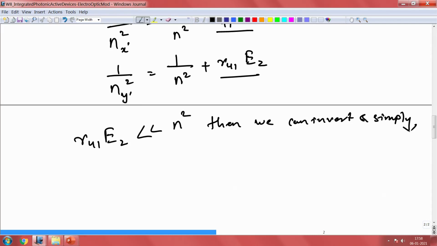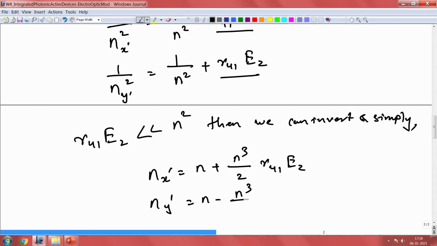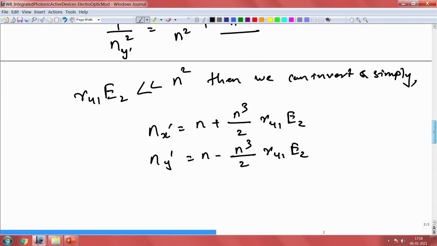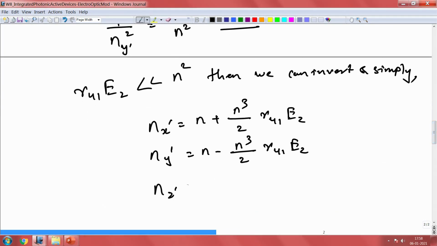So, we can simplify this as nx dash is equal to n plus n cubed by 2 r41 Ez and ny dash is nothing but n minus n cubed divided by 2 r41 Ez, and finally nz dash, or in this case nz, we are not transforming it, it will just stay as n, alright.